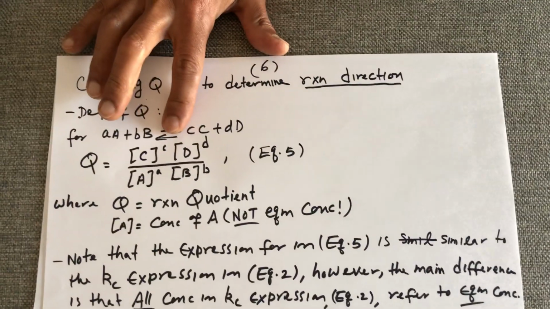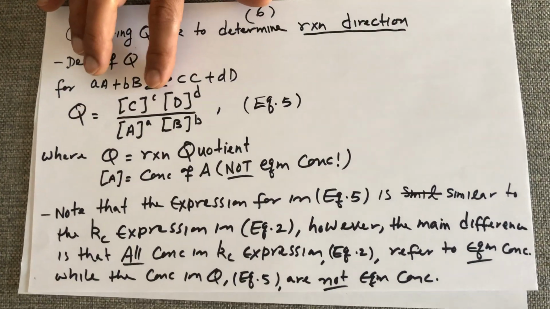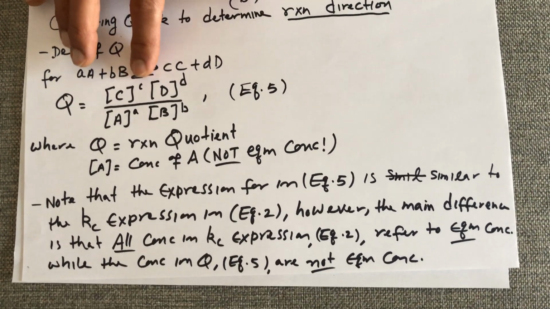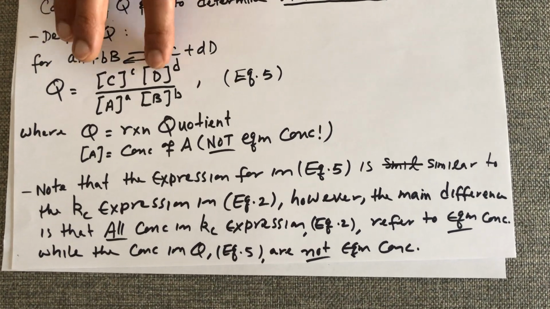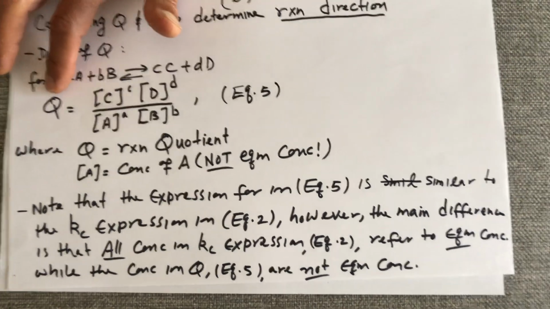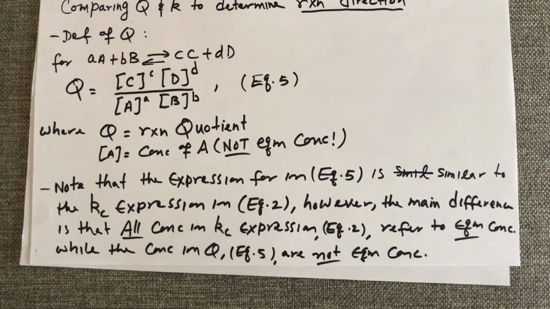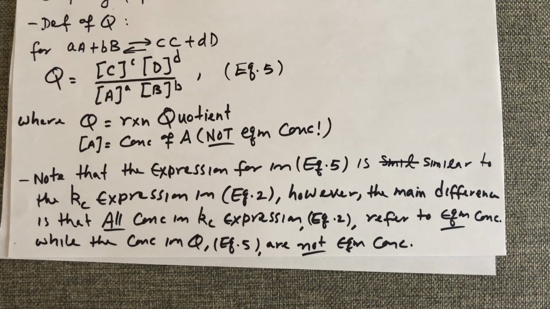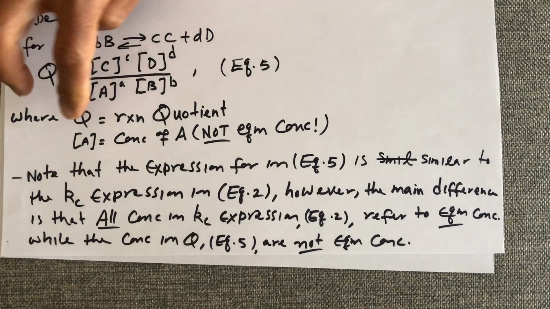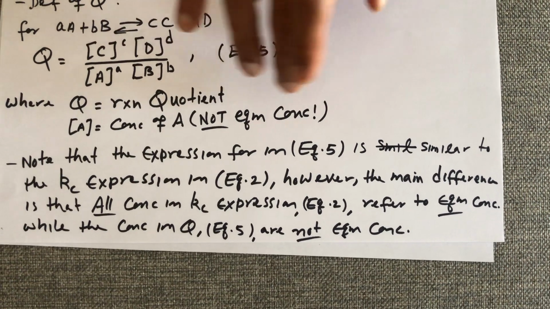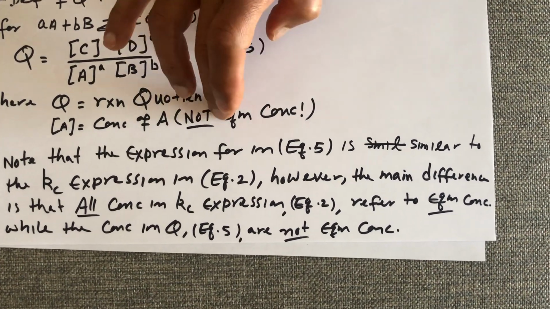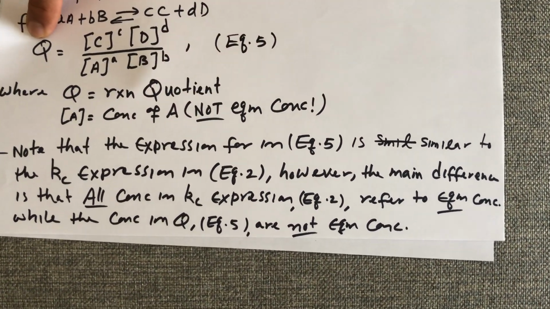Now, this equation, as I've pointed out here at the bottom, is very similar to the Kc expression with one difference. These concentrations appearing in the Q, or the reaction quotient, are not the equilibrium concentrations. So in other words, this A refers to the concentration of A, not at equilibrium. Because if it's at equilibrium, then this becomes K, not Q.